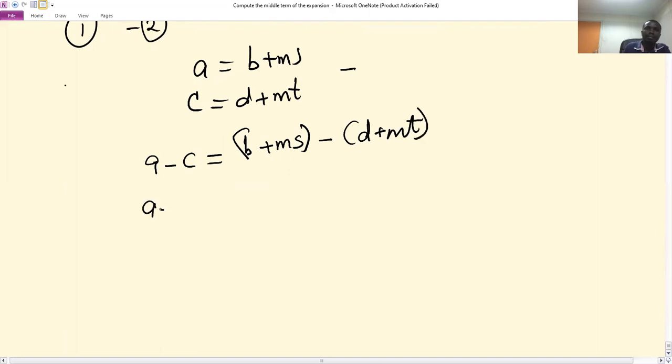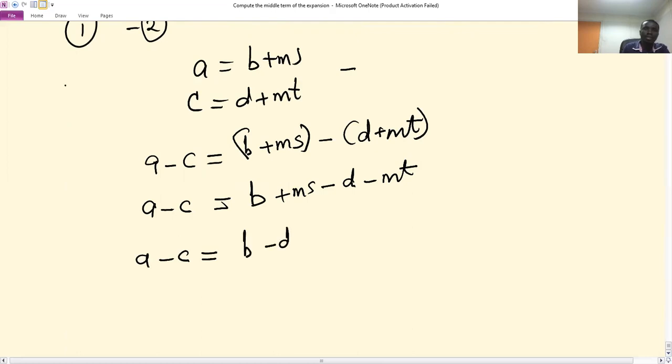Which is A minus C equals B plus MS minus D minus MT, which is A minus C equals B minus D plus MS minus MT, just collecting terms in M together.